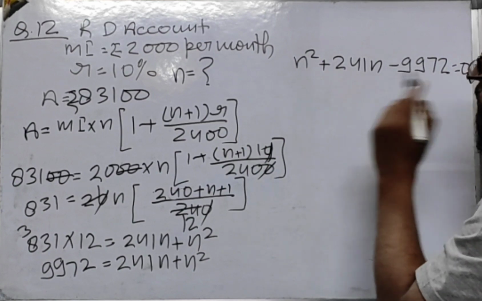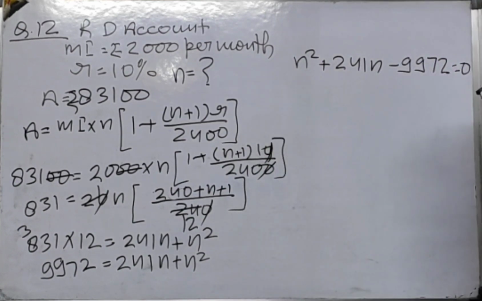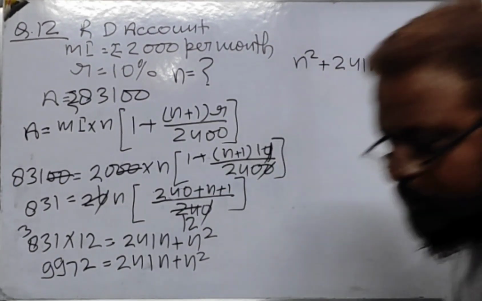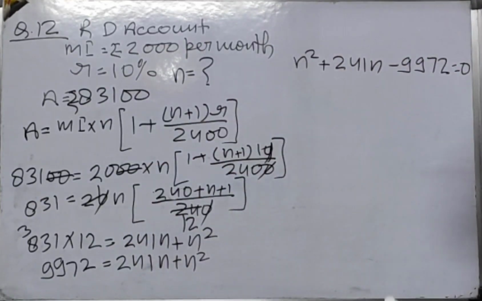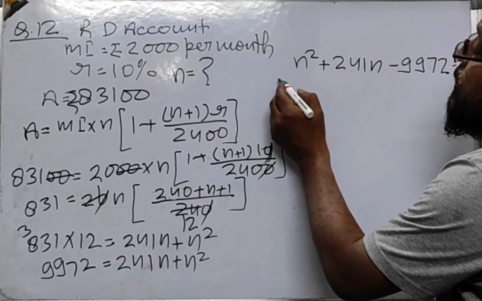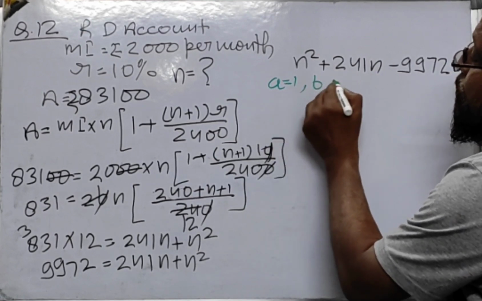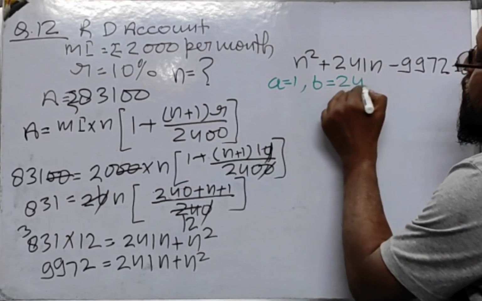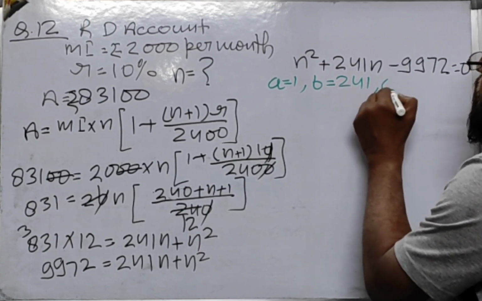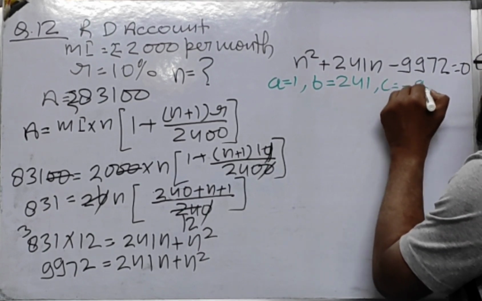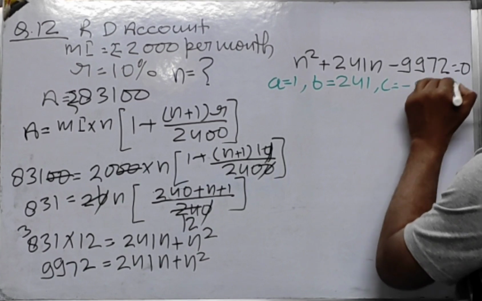Oh my god. So again, a is equal to 1, b is equal to 241 and c is equal to minus 9972.